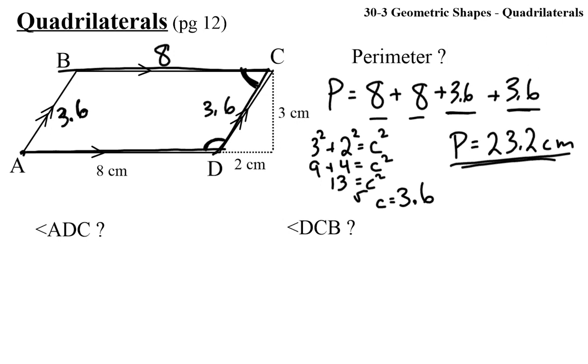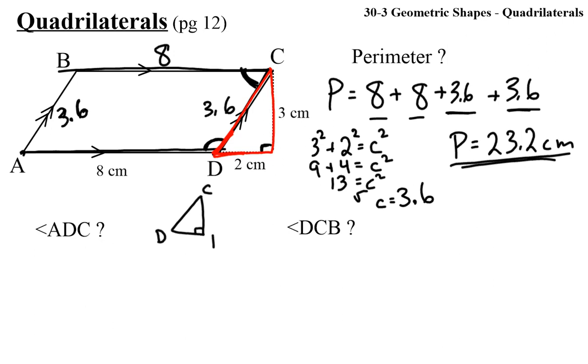Well, there's no information in that parallelogram, but we have this triangle. And when we have a right triangle, we can calculate angles. So let's calculate this angle here.